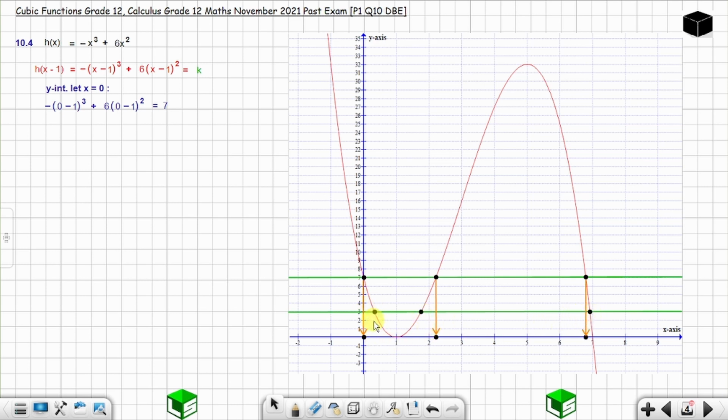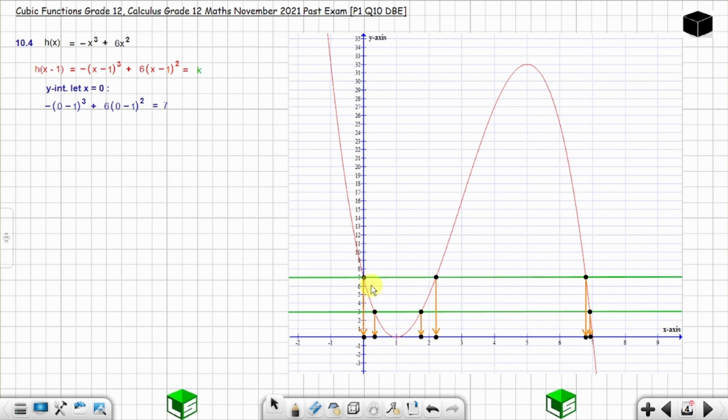So you have 3 distinct positive roots, 1, 2, 3. So this is not going to answer the question. Below 7, you have 3 distinct positive roots.